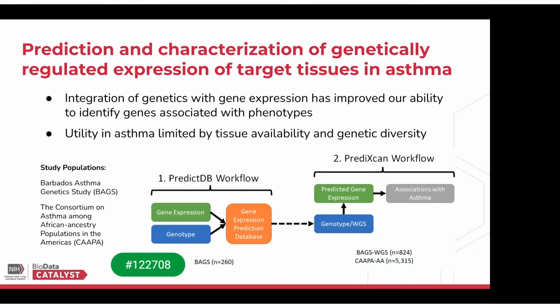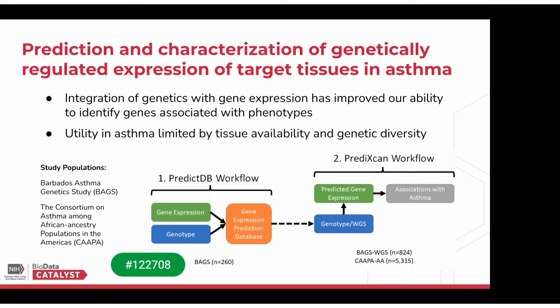we took whole genome sequencing from additional subjects from the BAG study, another 800 subjects, and we predicted levels of CD4 positive T cell gene expression from the whole genome sequencing data, and then tested for the association between each of those predicted values and asthma.